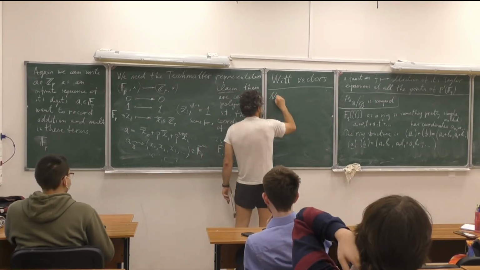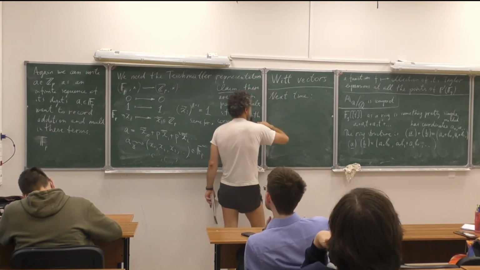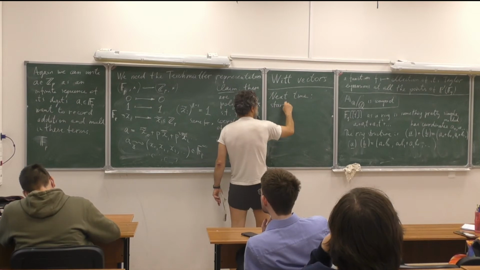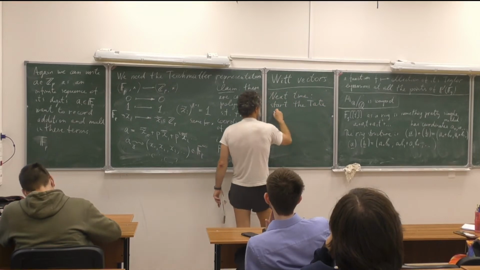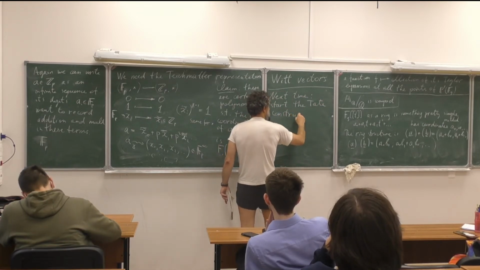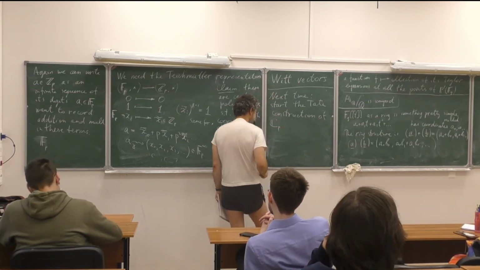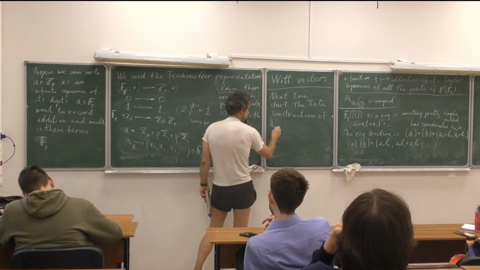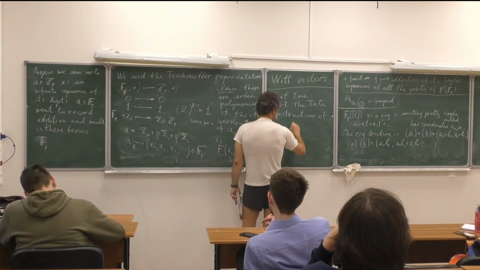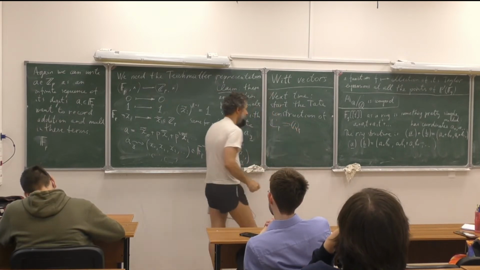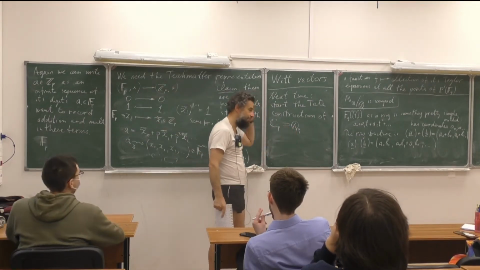Next time, we will start the Tate construction over a complex, so to say, p-adic field, meaning that p-adic numbers, as we have already seen, are analytically much simpler than real numbers.